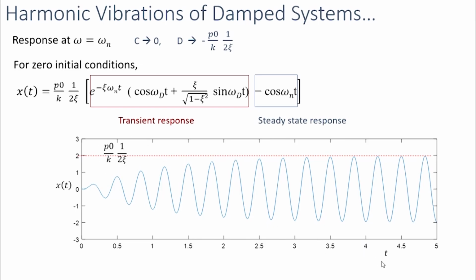No matter how much time passes, the maximum amplitude of the response will be this much, P naught by K multiplied by 1 by 2 zeta. So if the damping is high, the amplitude will be smaller, and if the damping is small, the amplitude will be larger. And we know that P naught by K is equal to the static response.